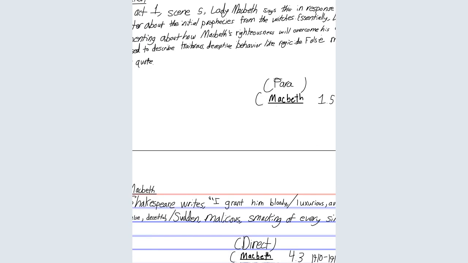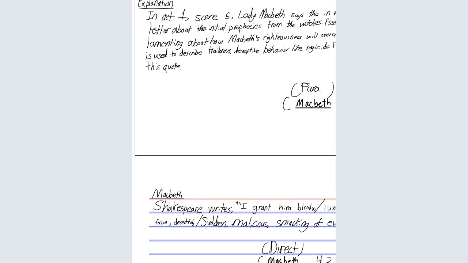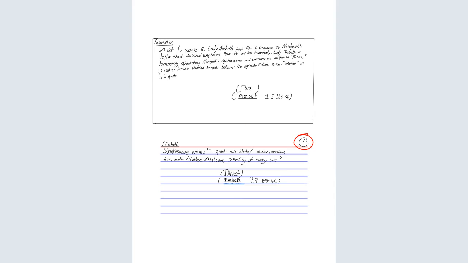False means untrue in this quote. So we have a couple that mean untrue. Like I said, sometimes your Macbeth source is going to drive what sources you look for. Certainly, this student had the opportunity to look for untrue rather than that other one about imaginary with the dagger.